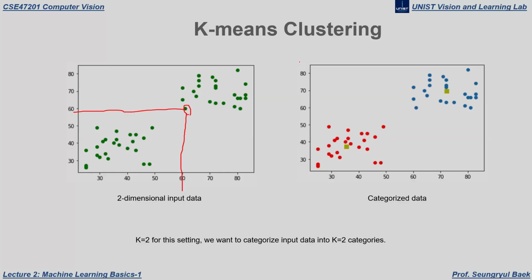And actually clustering is doing this kind of thing. When performing this, we do not require any ground truth Y, okay?